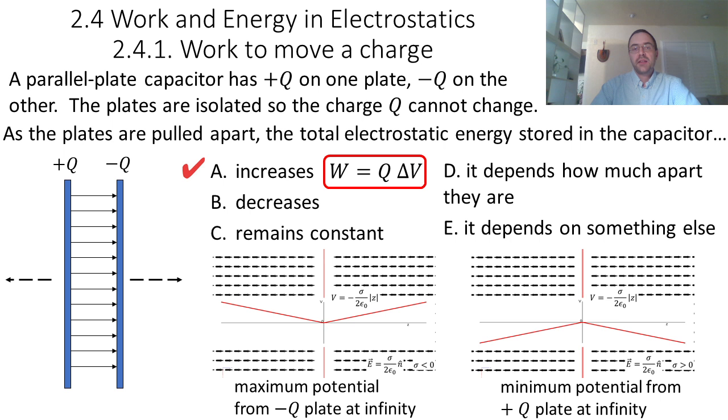And the negative plate will increase its energy if it is in a lower potential. Now, where is the lowest potential from a positive plate? Again, it is at infinity. So for the negative plate, higher energy at infinity from the positive plate. So pulling the two plates apart increases the electrostatic energy.